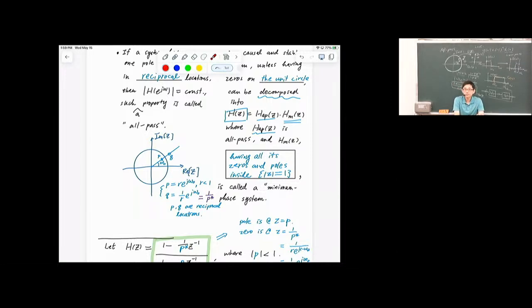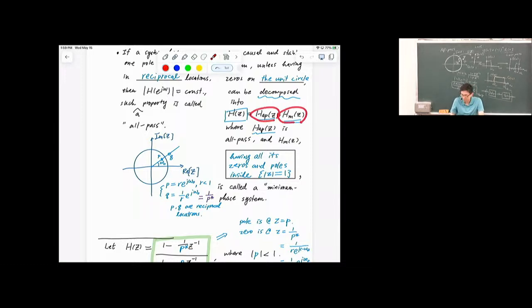So there's such a discussion about it's almost always possible to decompose any given system. As long as it's causal and stable, we can formulate it as a product of all pass and minimum phase.